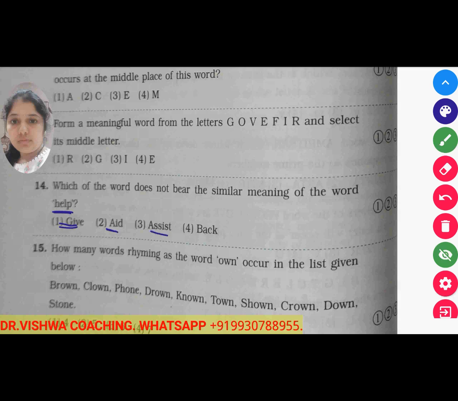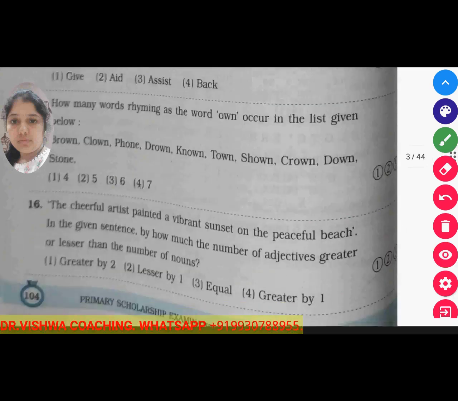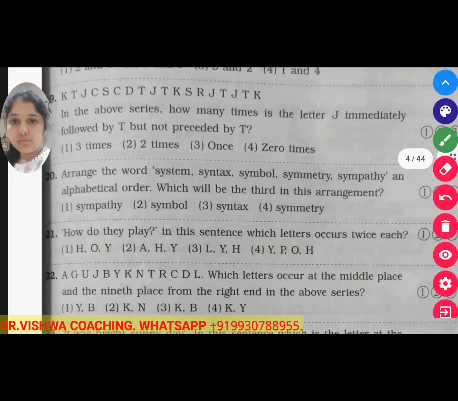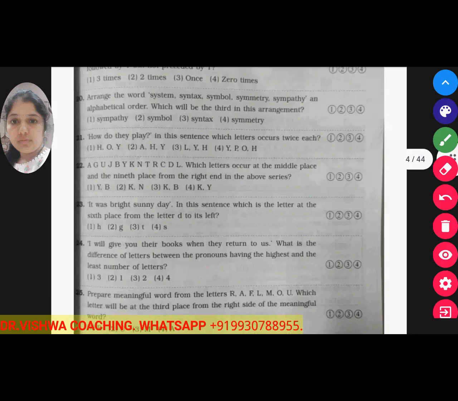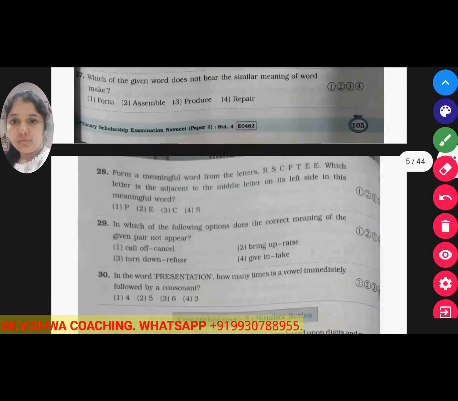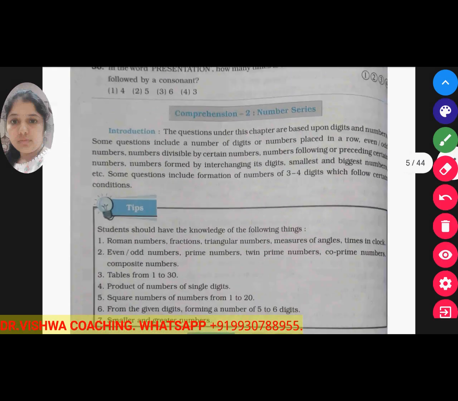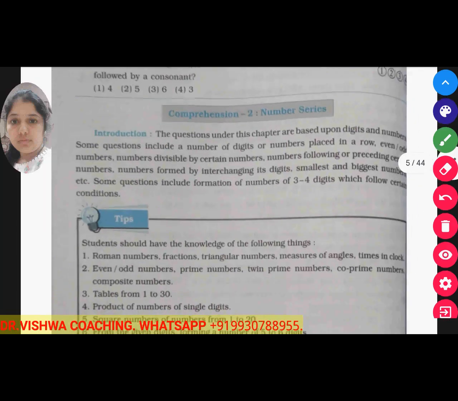Aid means to help, assist means to help, back, I don't think it means help. So option number 4 is the correct option here. Okay, so try to solve the rest of the sums that belong to this concept. Follow the instructions, try to solve it, and if not possible, I will help you to solve.